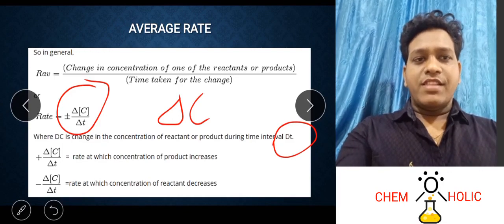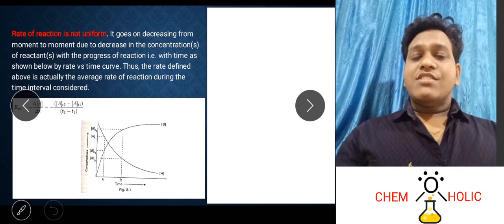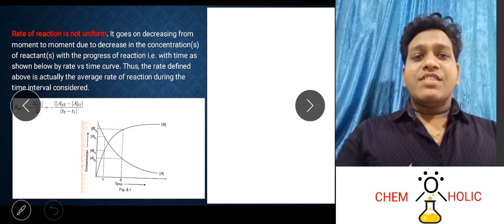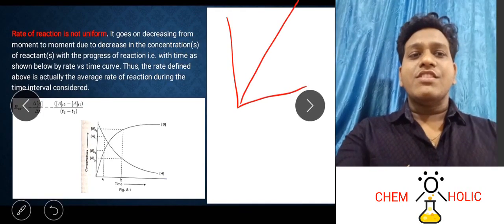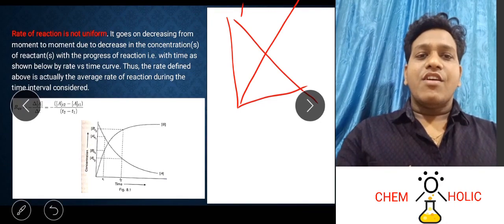Okay, let's move to the next slide. Basically, rate of reaction is not uniform in nature. It's variable. It's not increasing linearly, not directly proportional, not decreasing linear or increasing linear.